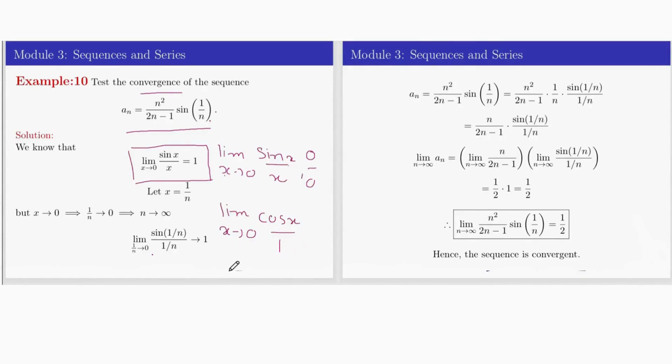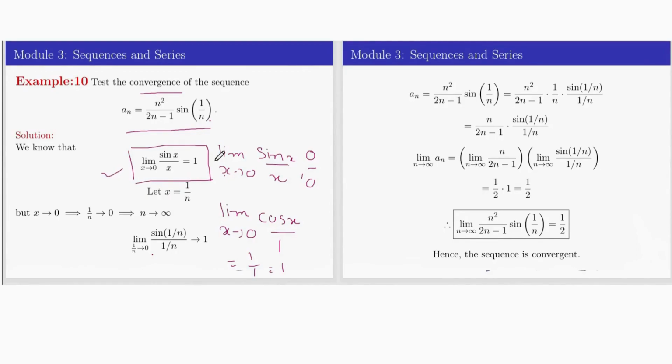Cos 0 is nothing but 1, and 1 upon 1, the answer is 1. So we get limit x tends to 0, sine x upon x equals 1. Using L'Hopital rule, you can get this result. The same result is also true for the tan function, so you should remember this as a result.